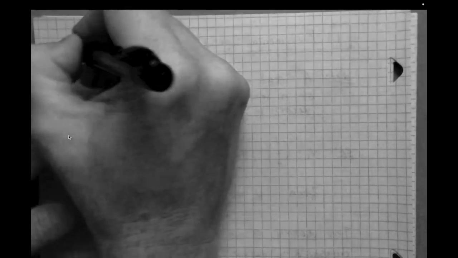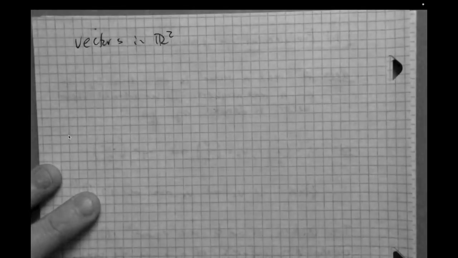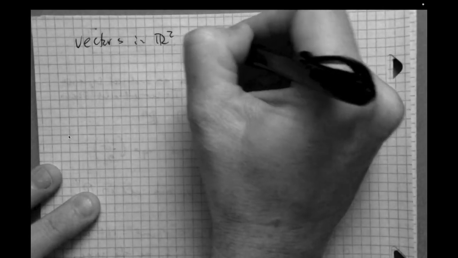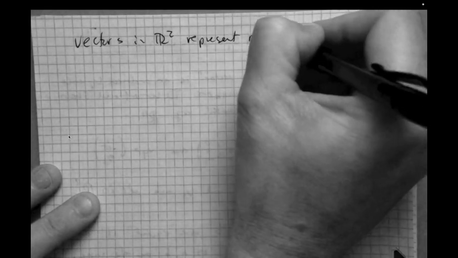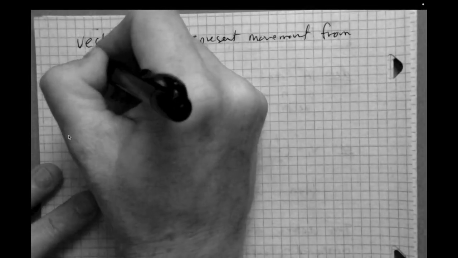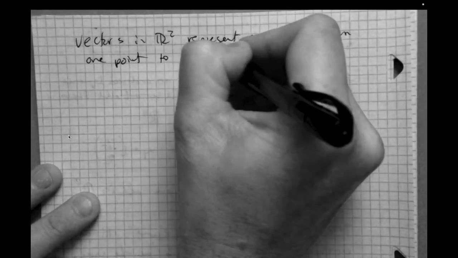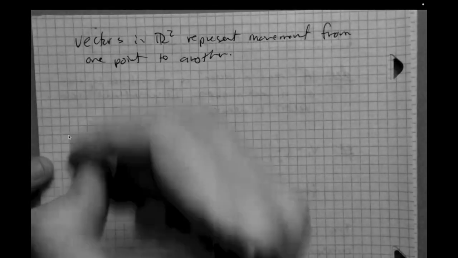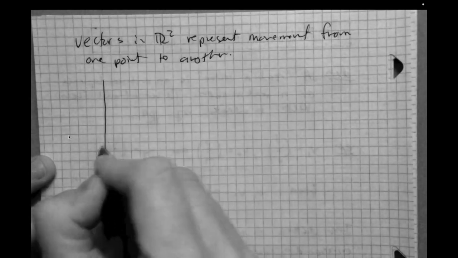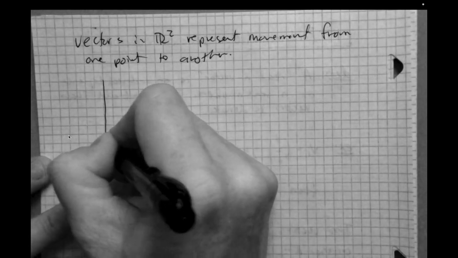Let's talk about vectors in R2. Vectors in R2 represent movement from one point to another. Let's put some vectors in the plane here, and let's draw a vector here.